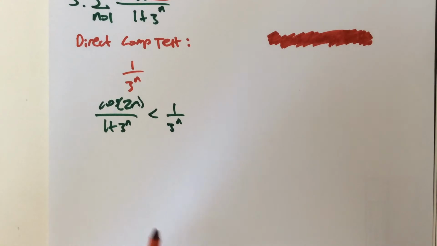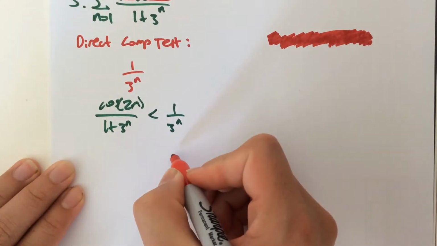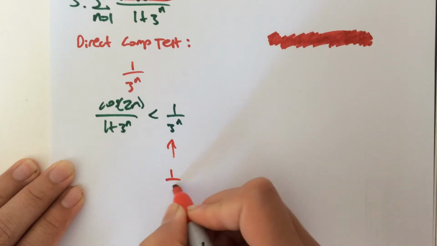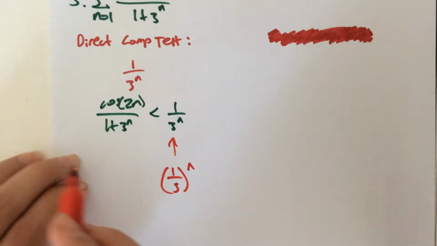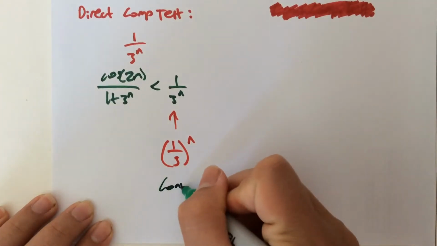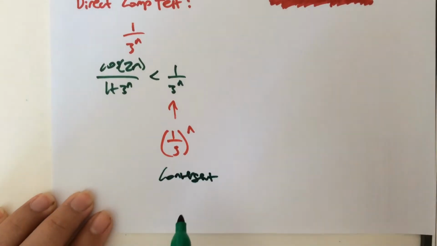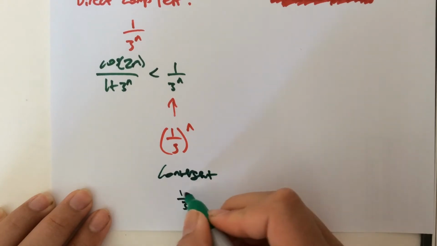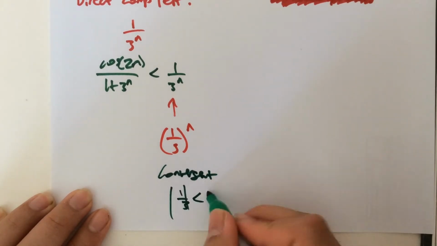So if we set cosine 2n over 1 plus 3 to the n is less than 1 over 3 to the n, then we can see that this is a geometric series of 1 over 3 to the n. And 1 over 3 to the n is convergent because the absolute value of 1 over 3 is less than 1.